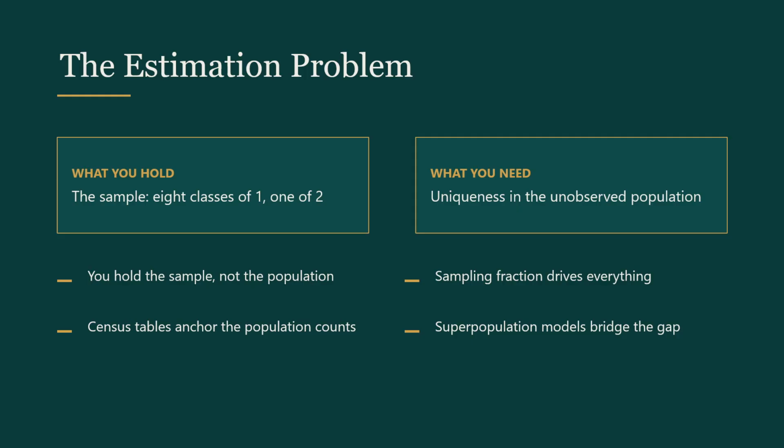Ingredient 1, the sampling fraction, meaning the proportion of the population your file represents. This dominates everything. If your file is the entire population, a census, then sample unique and population unique are the same thing, and there is nothing to estimate.